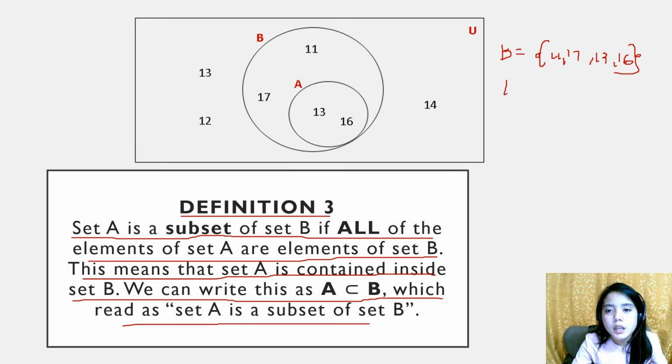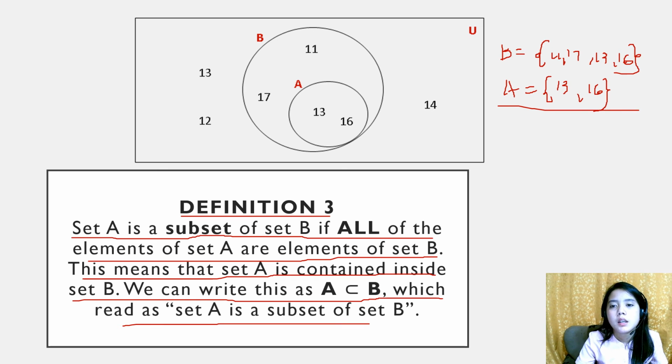Sunod si A is we have 13 and 16. Okay. Ang giingon sa definition 3, kung tanang elements daw, okay, ni A naa kay B, meaning si A, subset siya ni B. So, since si 13 ug 16 naaman diri kay B, so si A, subset siya ni B. Unta na sabtan, no?